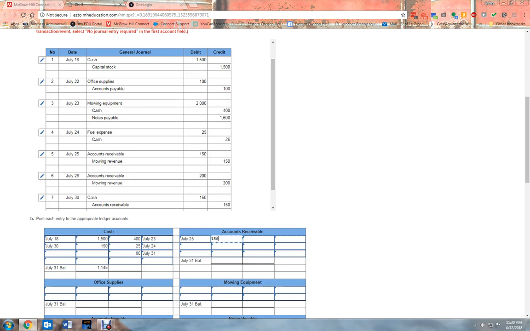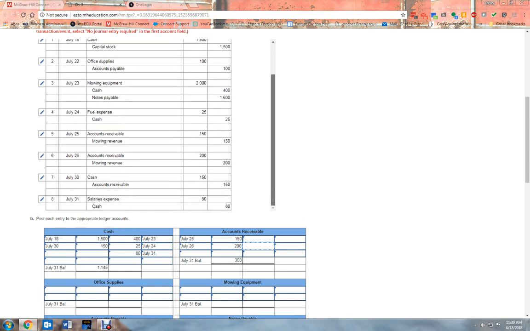July 26th, I had another debit entry of $200. And then on July 30th, I had a $150 credit entry.